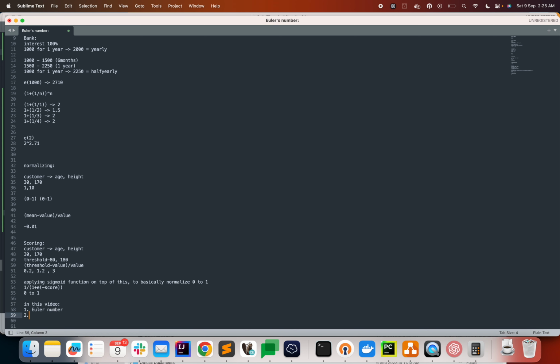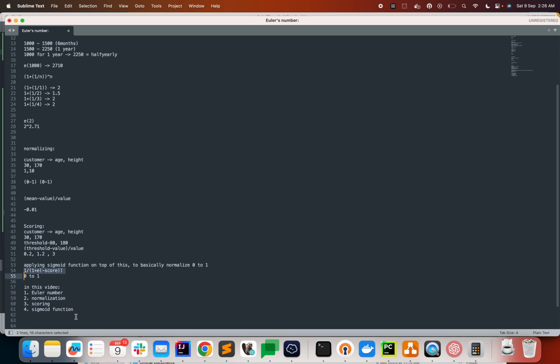And then normalization, and then scoring, and then again normalization on top of scoring, the sigmoid function. So the function that we have seen at the end is the sigmoid function. The sigmoid function is used in many places, in many algorithms like natural language processing, any algorithm where the input should range from 0 to 1. That's when the algorithm might work well.